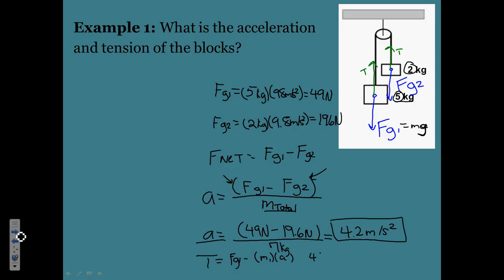So 49 newtons minus my mass of M1 is 5, not 2 and not 7, but 5, times that, and when I calculate it, I get 28 newtons. And always square your answers. Okay, so there's that.